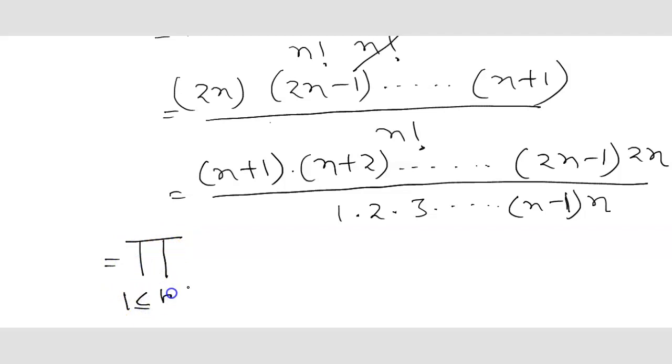Here the capital pi stands for the product, and r varies from 1 to n. So if we put r equals 1, we have n plus 1 by 1. If we put r equals 2, then we have n plus 1 by 1 into n plus 2 by 2, and that is how it follows.